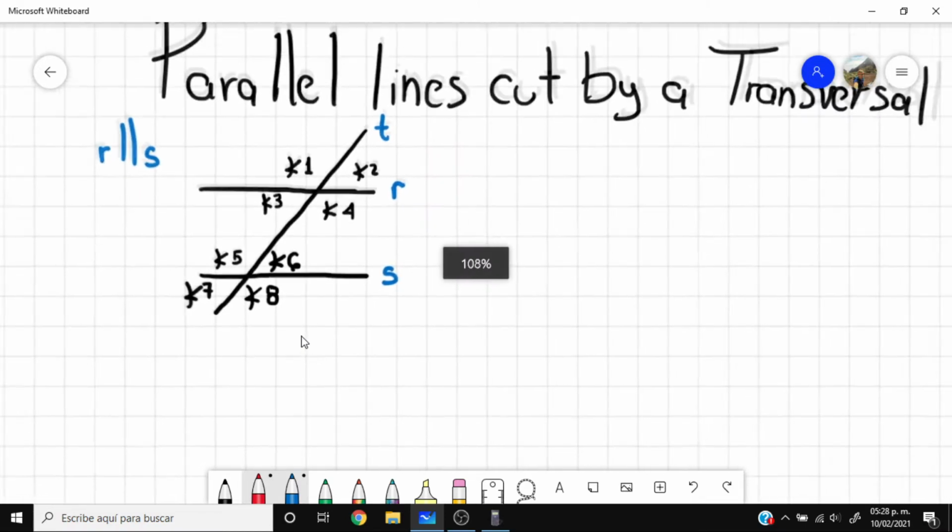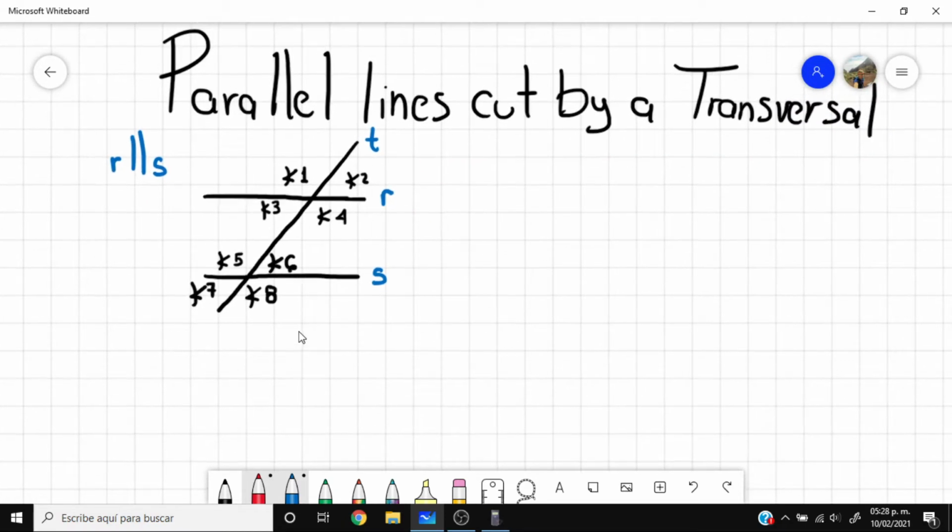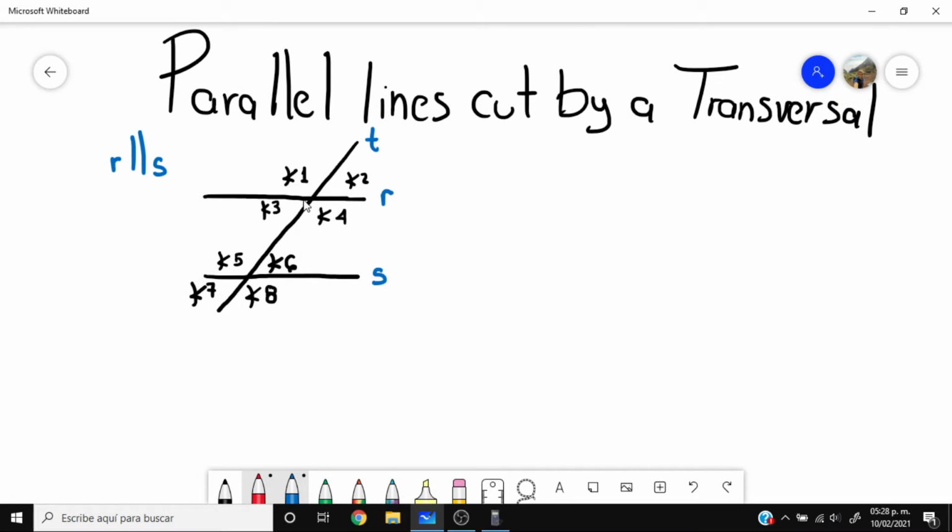So there are several theorems that are going to tell us that many of those angles are going to be exactly the same, okay? So for example, we have this section over here. These are the interior angles, okay? I repeat, those are the interior angles.